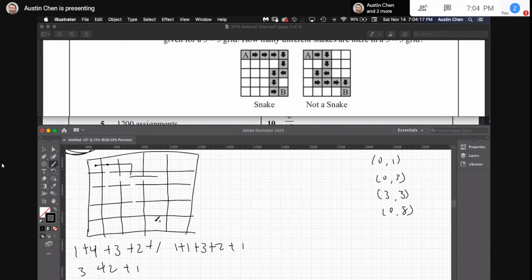So that means we have to go just down here or right here, which is just two cases, right? And what happens if we go right here? Then there's just one case. All right. So now what happens if we go all the way right and then we go down? Well, then that's one more case. All right. So that was the third column going down.